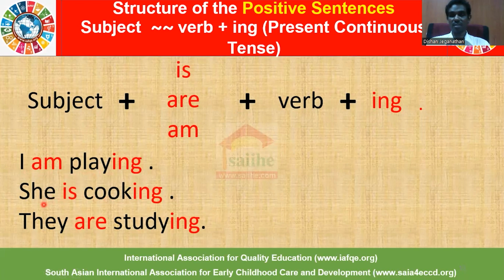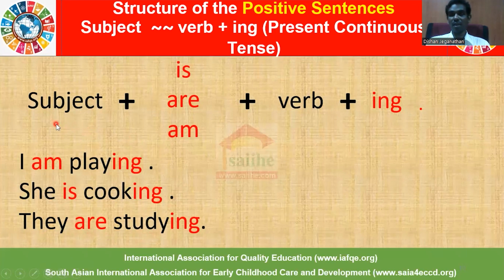She is the subject followed by is, and the verb cook plus ing becomes cooking. They are studying. They is the subject plus are, verb study plus ing becomes studying.